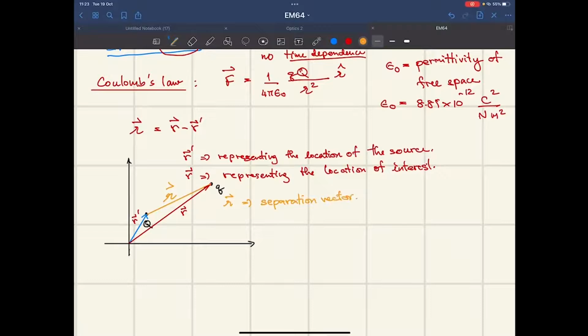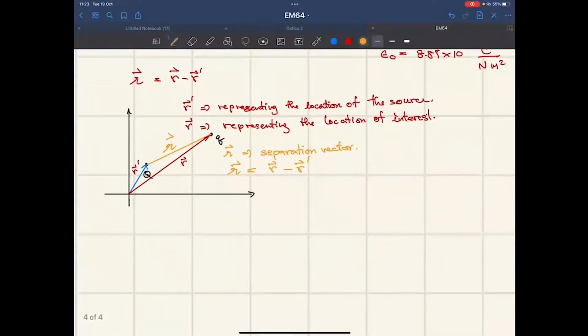We talk about this, and this separation vector is equal to R minus R prime. It can be three-dimensional.